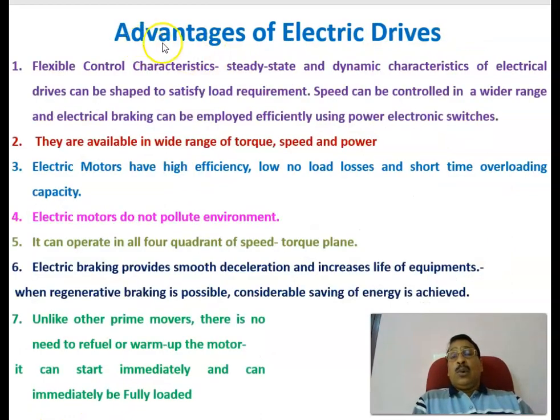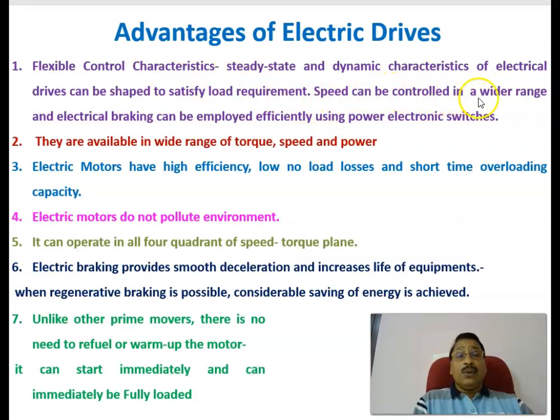Let us see the advantages of electric drives. What are the advantages? Flexible control characteristics, that is, the steady state and dynamic characteristics of electrical drives can be shaped to satisfy the load requirement. What the load demands, that type of characteristics can be produced by controlling the electric drive system.